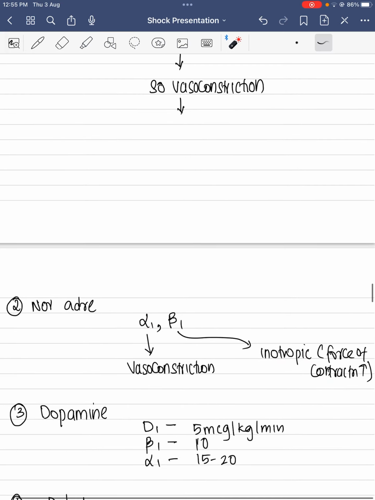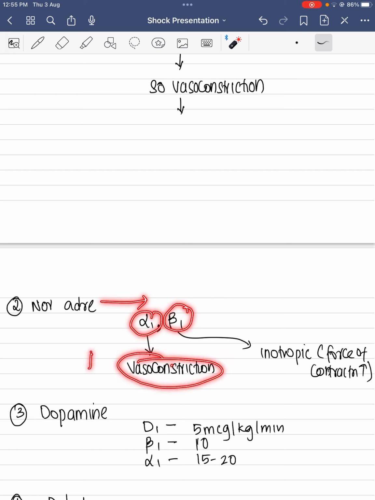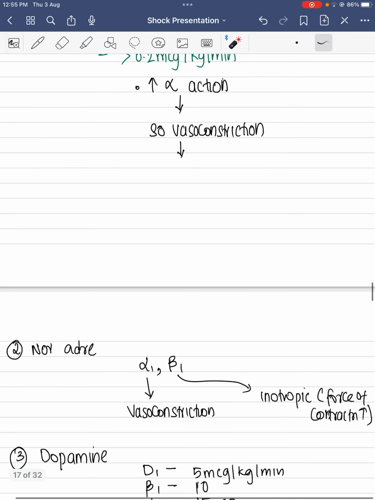So in short, in noradrenaline, beta 1 increases the force of contraction, and alpha 1 increases vasoconstriction, which will increase the peripheral BP. Now just keep the pharmacological actions or mechanism of action in mind, and in what scenario which drug, we will discuss in the coming discussions.